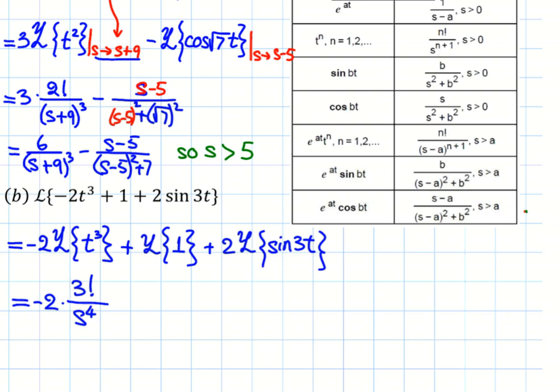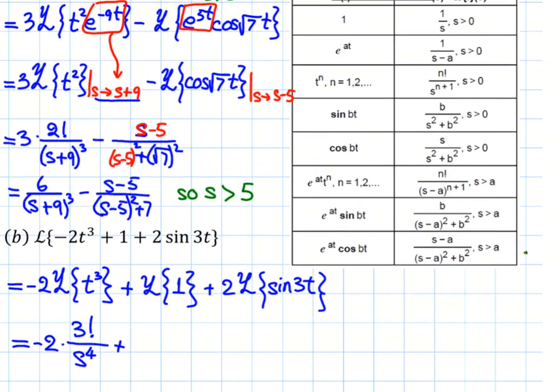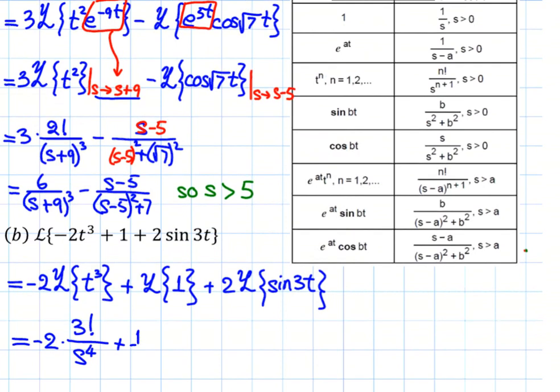And then plus the transform of 1 is 1 over s. And the transform of that is going to be 2 times the transform of the sine function, which is b over s squared plus b squared. B is 3 in this case, so that is s squared plus 9.